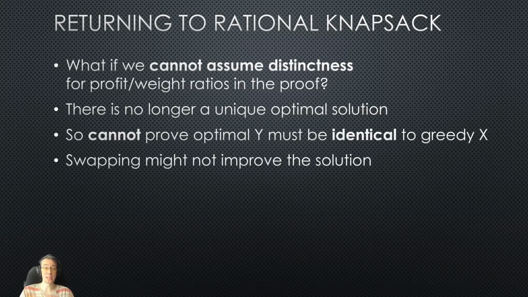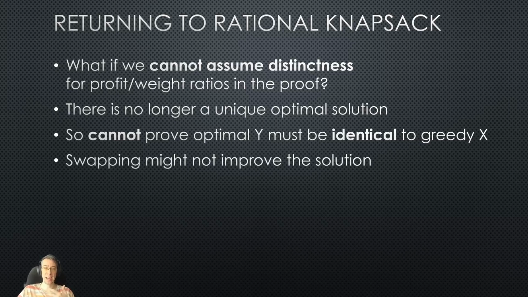If there's no distinctness, then when I argue that the optimal solution behaved differently from the greedy solution, it took less of item j and more of item k, I can no longer necessarily obtain a contradiction, because item j and item k might have the same profit per weight ratios. So removing some of item k and adding it to item j doesn't necessarily improve the overall profit, leading to a contradiction. So we can't prove that an optimal y must be identical to a greedy x.